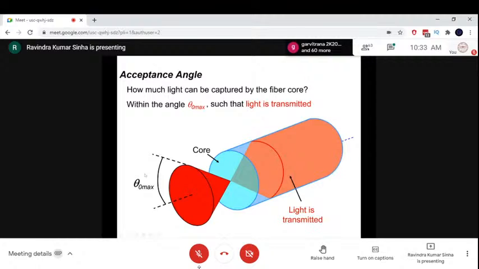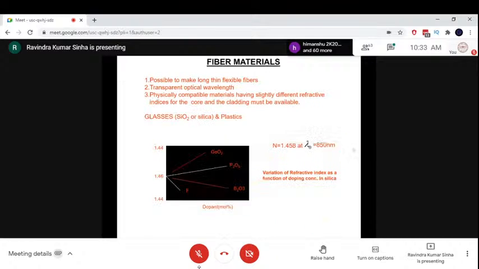That itself is called the acceptance angle of the fiber. That is, if you launch the light ray making an angle less than this maximum angle, it will remain guided through the fiber in the core. Corresponding to that angle it is known as the maximum angle. Okay. This I have already explained, fiber materials, in the previous class.